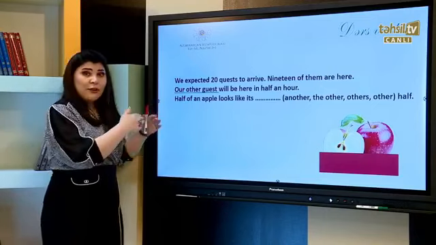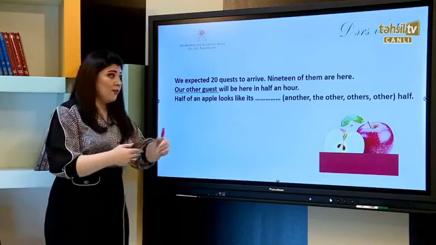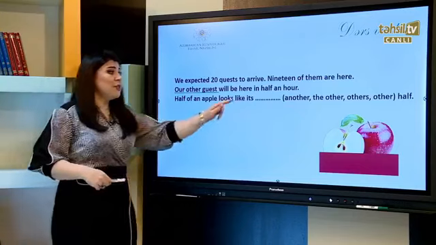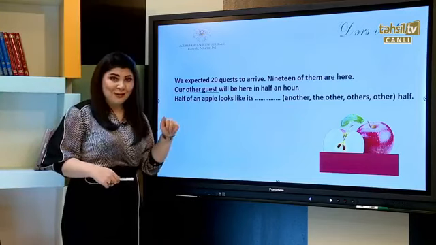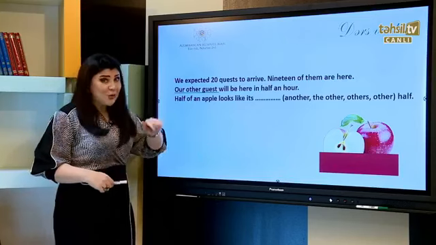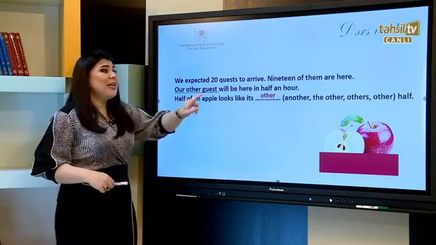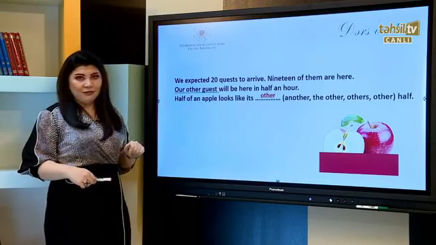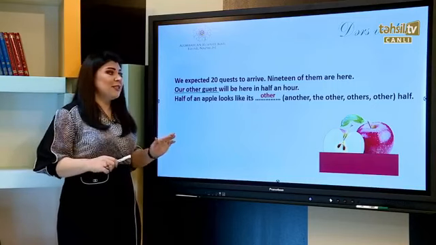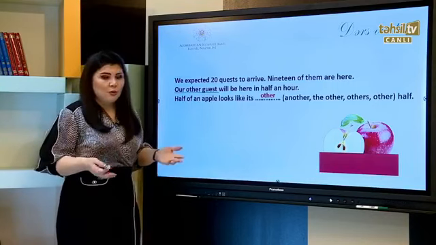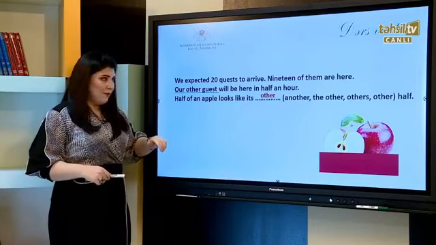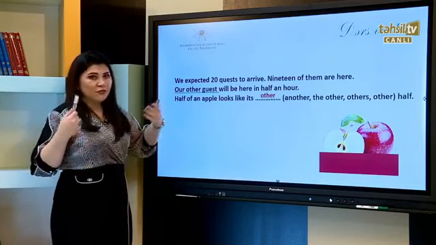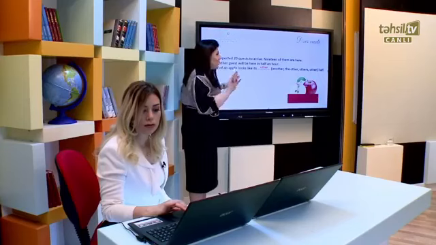And here we could have used the other half. But these students, here you see what? Possessive pronoun its, okay? That's why, consequently, we'll say its other half. We will never say its, for example, the other or its another, okay? Its other half. I think you have better idea of this tricky moment.